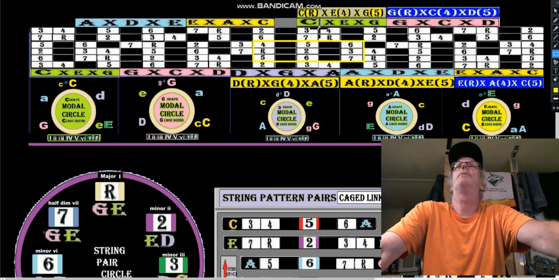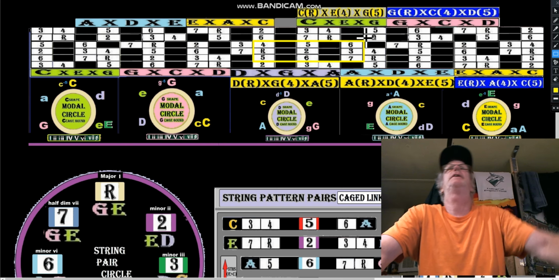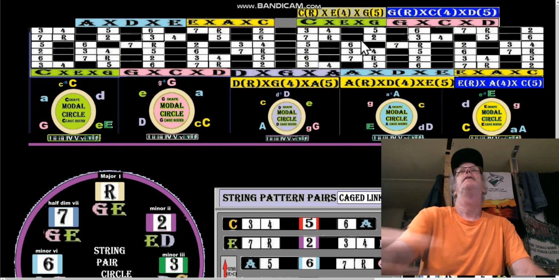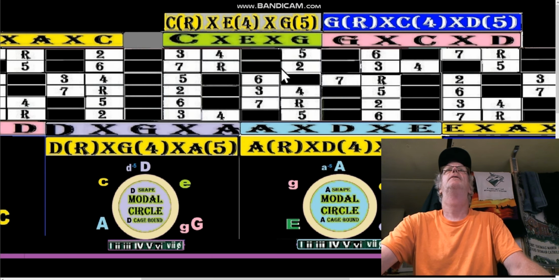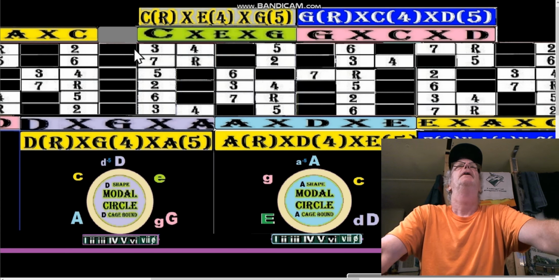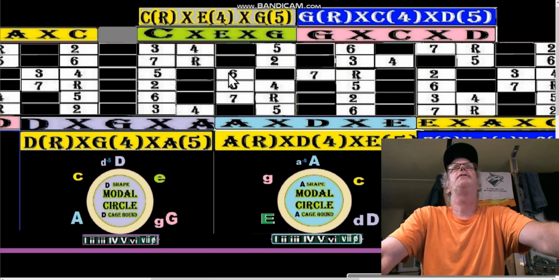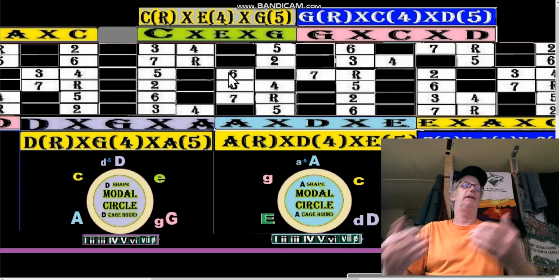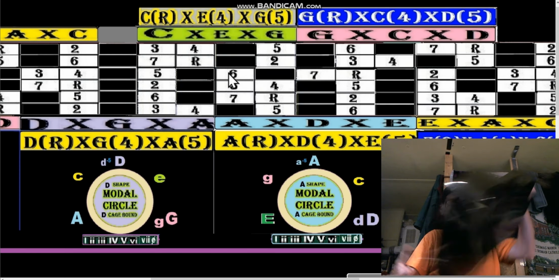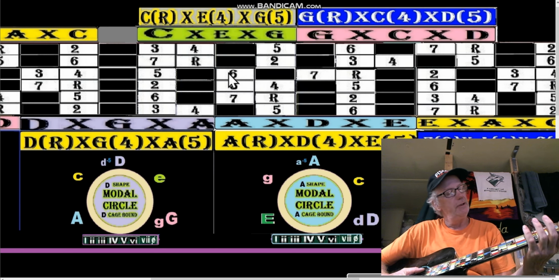It's just warped over, and that is shape fitting. That's shape fitting right here. The pattern's 5, 6, 7, root 2, 3, 4, 5, 6, and we want to keep playing that up the fretboard.